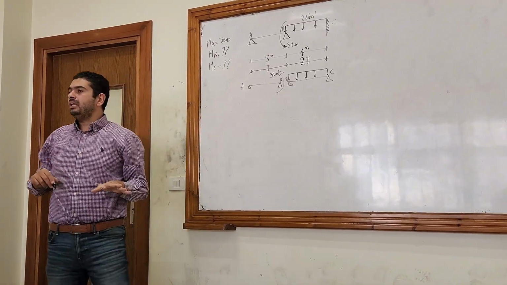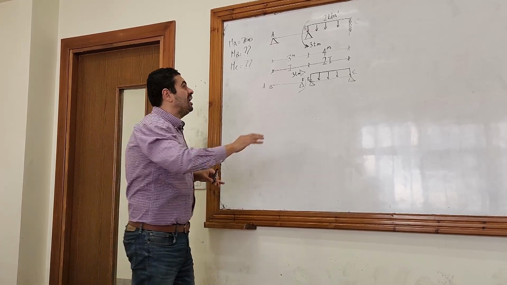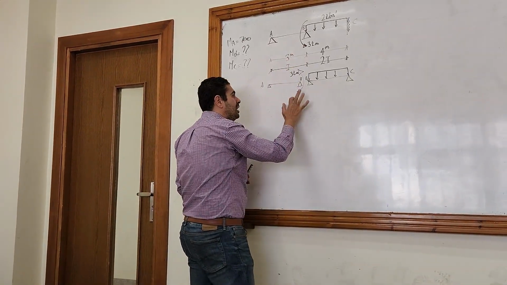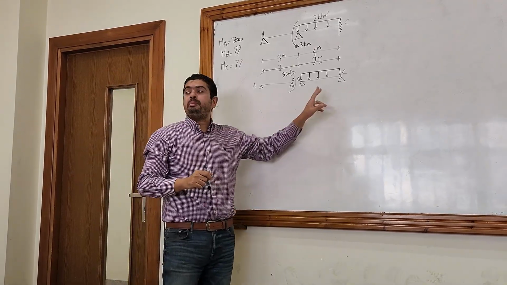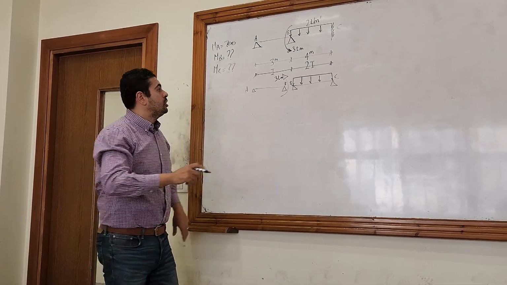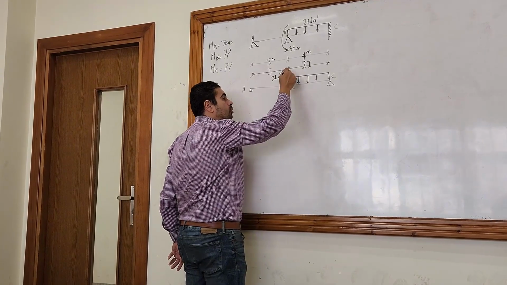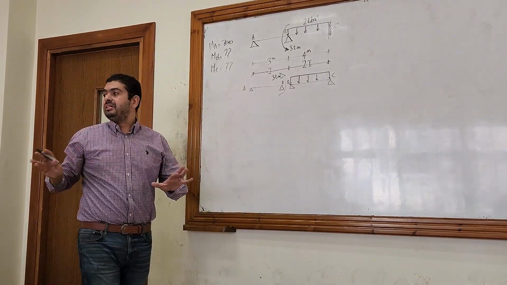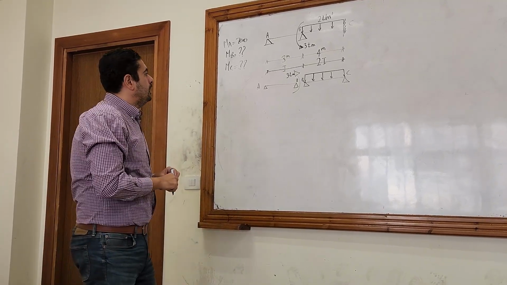It's not a matter of the tail, it's a matter of the direction. The direction has to be the same. Here it's anti-clockwise, here it has to remain anti-clockwise. If you decide to put it on the span BC, again it has to be in the same direction. So the anti-clockwise on the span BC will be like this. The tail will be upwards. So it's not a matter of the tail, it's a matter of the direction.